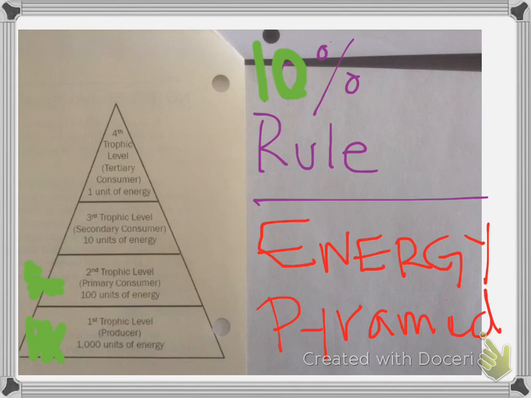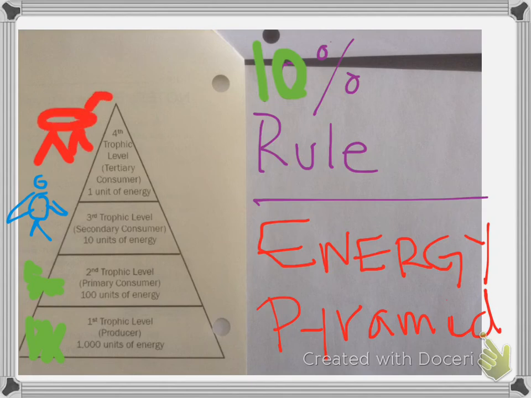And then next we have our secondary consumer, which in this particular case could be our bird. And then finally we have our fourth level, which is going to be our fox, which is going to be our quaternary, or excuse me, our tertiary level to this particular energy pyramid.